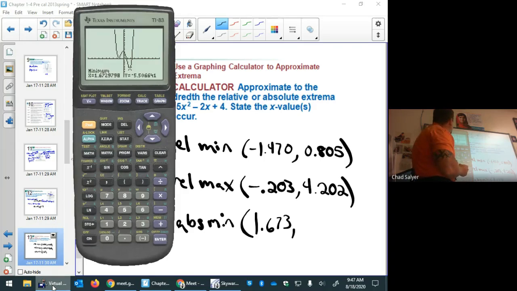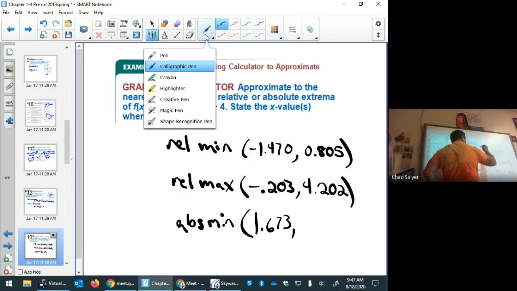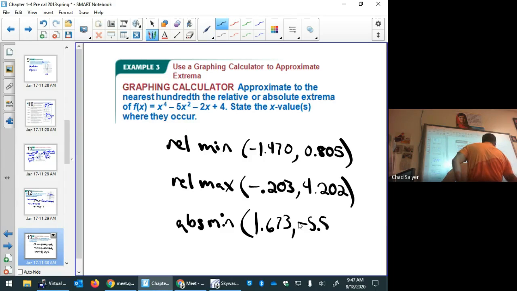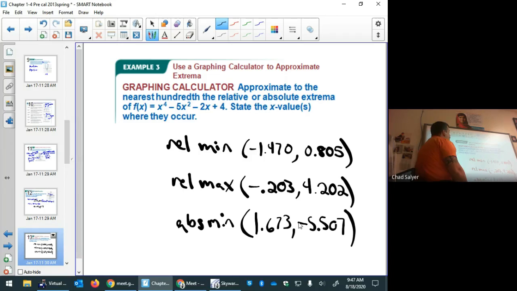And then the y value is -5.507, to the nearest thousandth. You know, there is some argument about which way you round negative values. I just keep it simple and round both the same way, away from 0. But you might find some argument about that somewhere. If so, feel free to mention that to me when we're in person class.